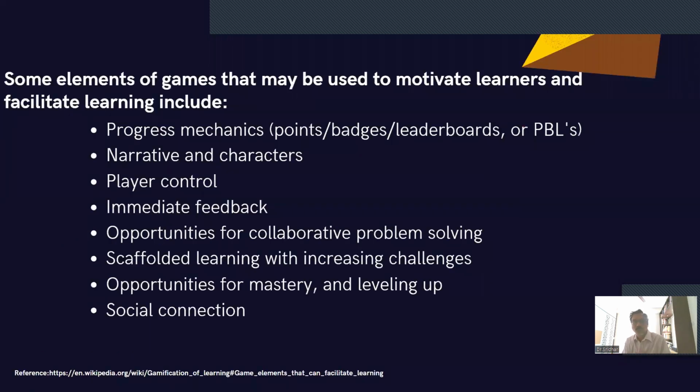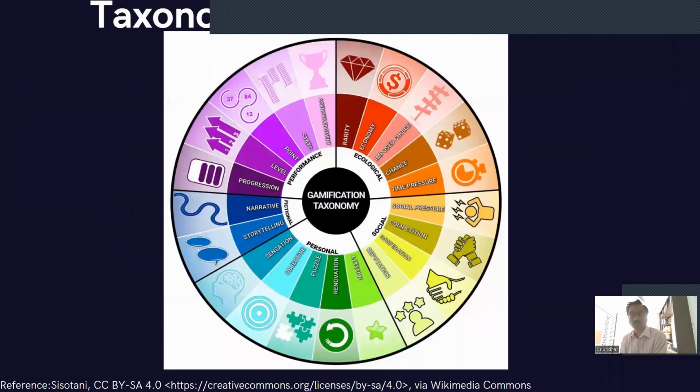So the various elements are points, badges, leaderboards, narratives, characters, allowing the player to control themselves, the play activities, immediate feedback, then collaborative learning, then gradually scaffold the learning and then gradually increase the challenges and opportunities for mastery and leveling up, and then social connections.